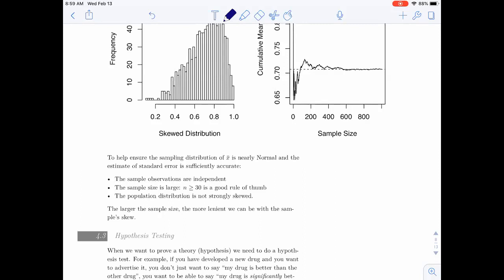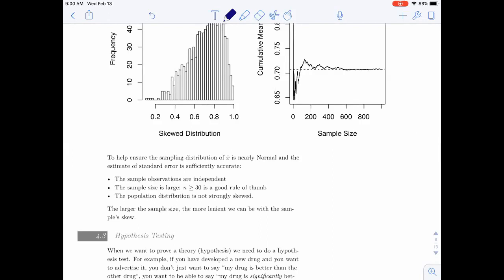As a rule, you want to make sure that your sample size is large enough, so n has to be greater than or roughly equal to 30. We'll push it to maybe 20 sometimes, but as a rule, you have to have a large enough sample size. And then the population distribution is not strongly skewed. We can't check the population that we're sampling from, so you just have to assume.